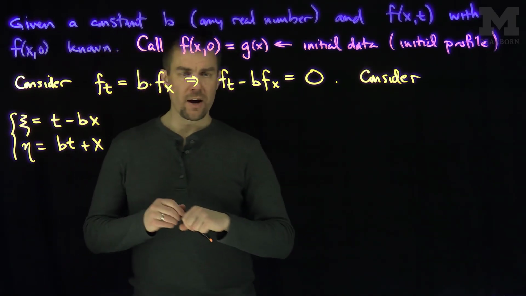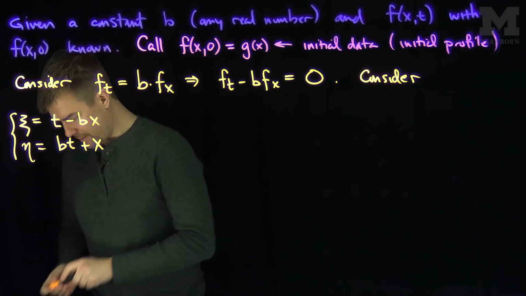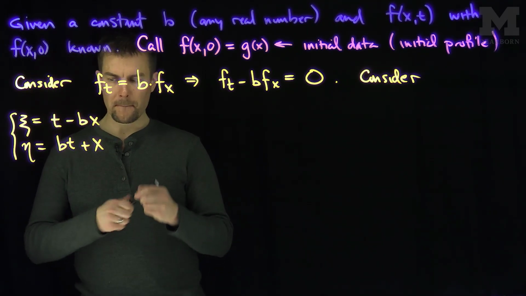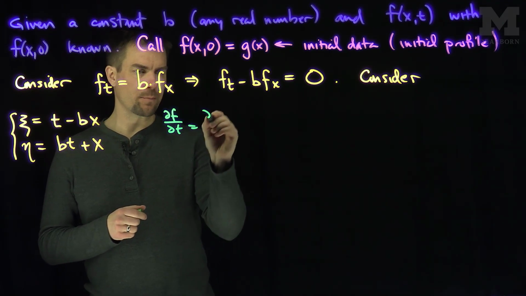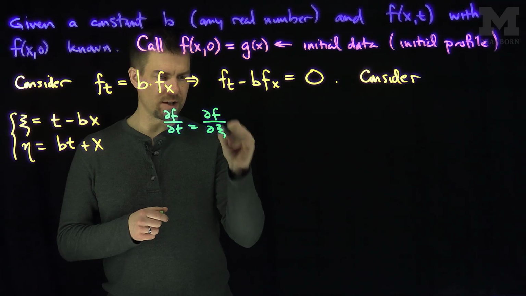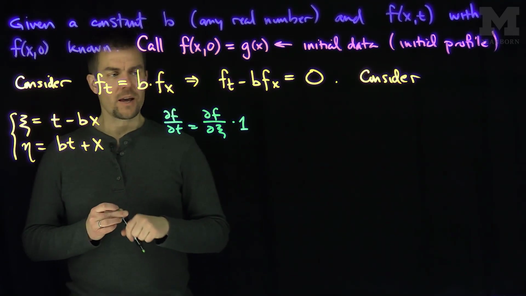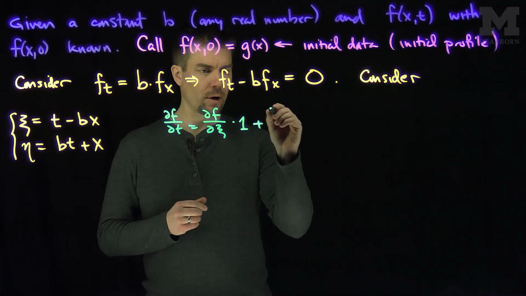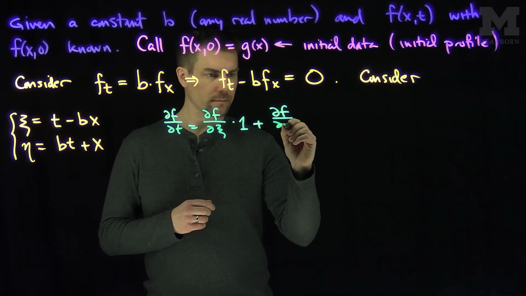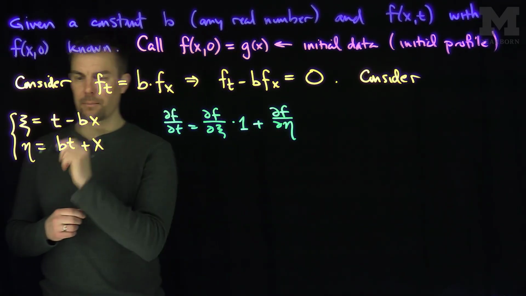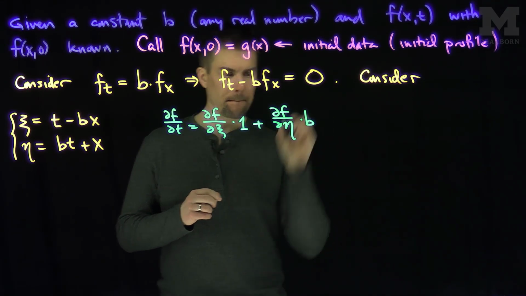So I'm going to use the chain rule now. What is partial f partial t, for example? Partial f partial t is partial f partial xi, then partial xi with respect to t, that's going to be a 1, plus partial f partial eta, and then partial eta partial t, which is going to be b.